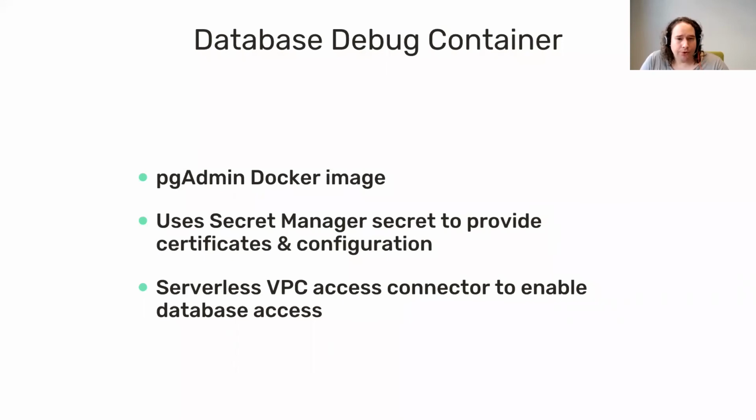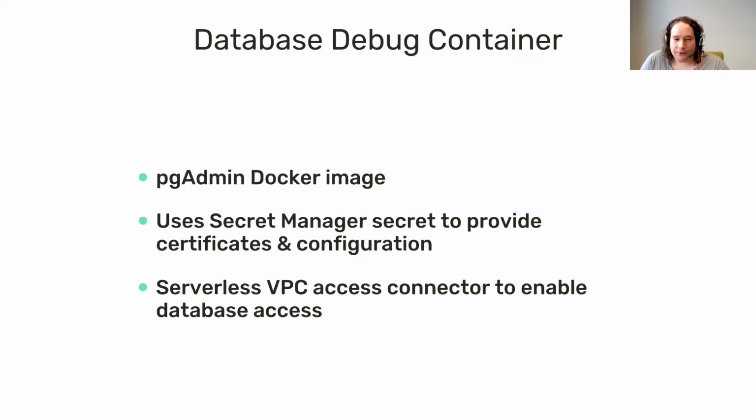For the database, I mentioned the debug container I want to use to administrate this private IP database. And for PostgreSQL, there's also a web application to manage these databases, which is called pgAdmin. There are also Docker images for it. I particularly chose this example because it's a case where I'm not really sure if it's a good fit or not.